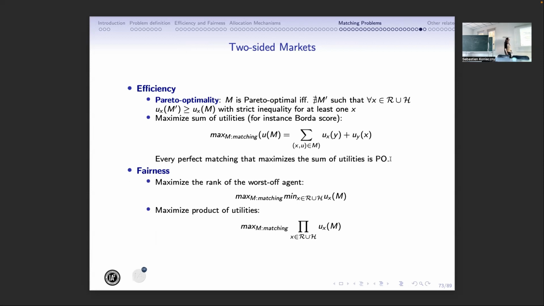You may also want to maximize the rank of the worst agent or maximize the product of the utilities, the Nash product. So there is a literature on computing such allocations.